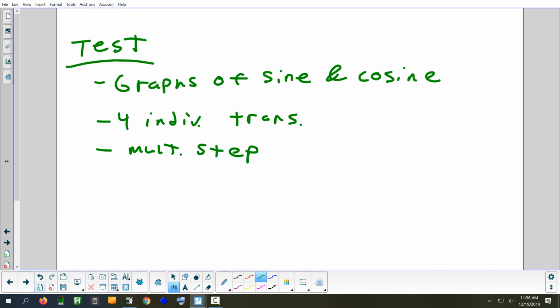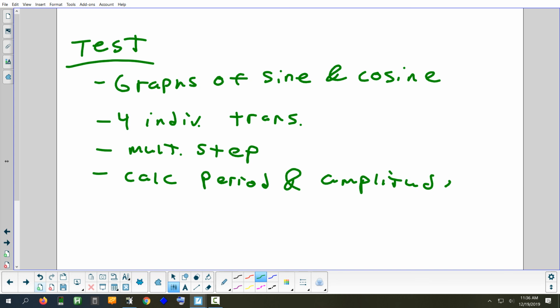So I'll probably give you one phase shift, one vertical shift, one horizontal stretch, one vertical stretch, and I'll give you one multi-step. You should know how to calculate period and amplitude. We did that in a couple problems where we found domain, range, period, amplitude.